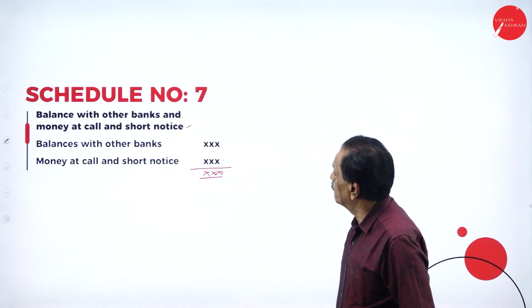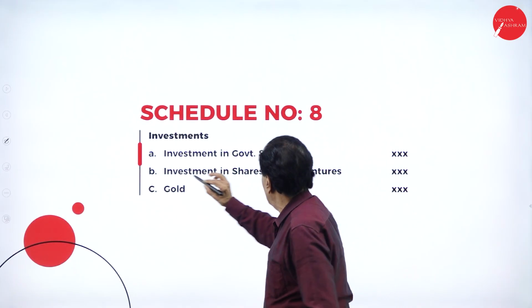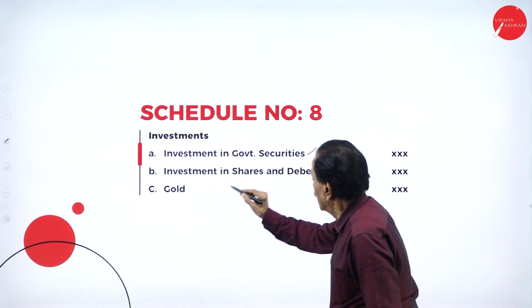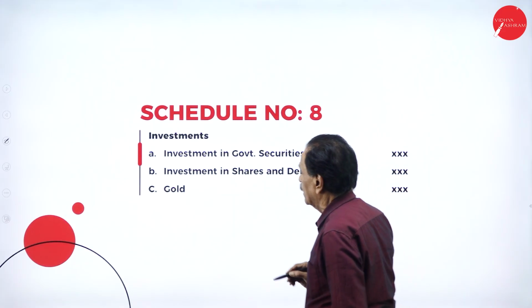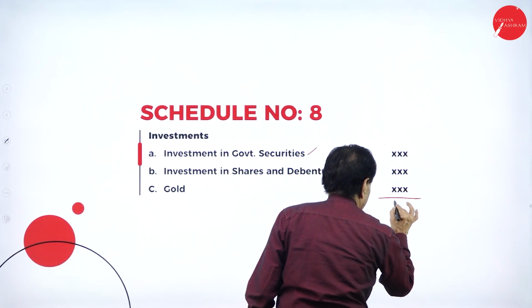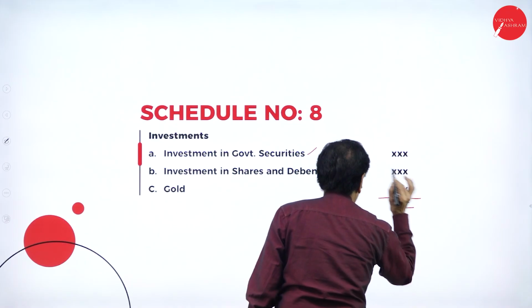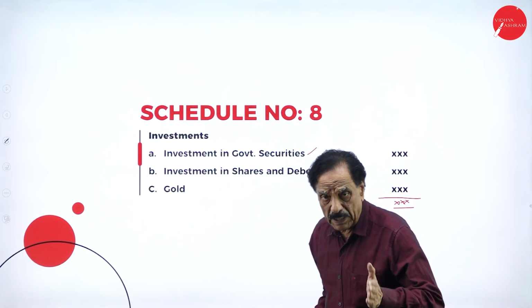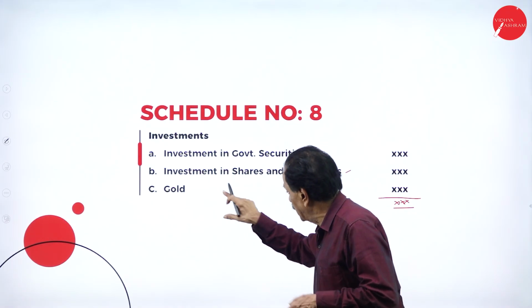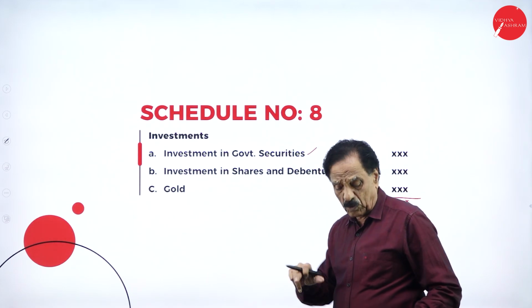Schedule number 8, investment in government security, investment in shares and debentures, gold, this total. So: investment in government security, investment in private security, shares and debentures, gold.